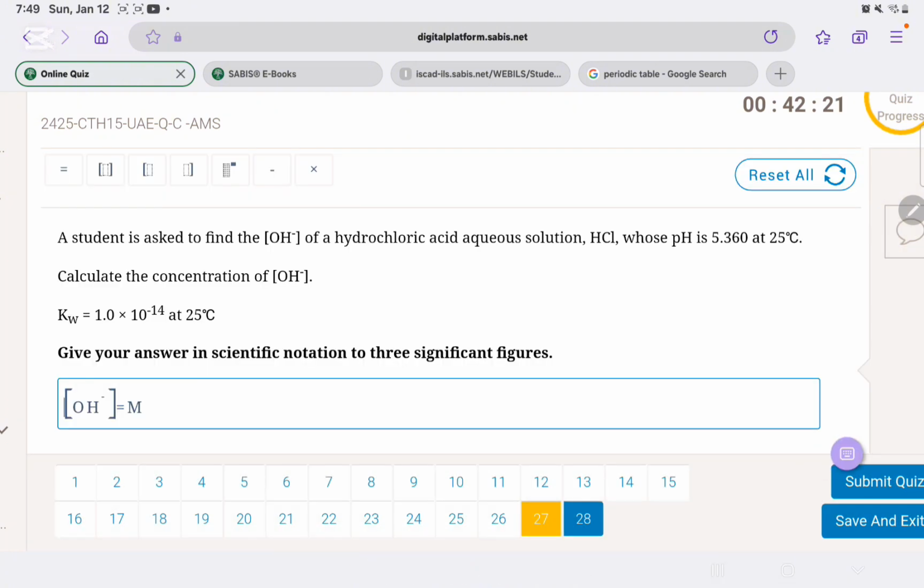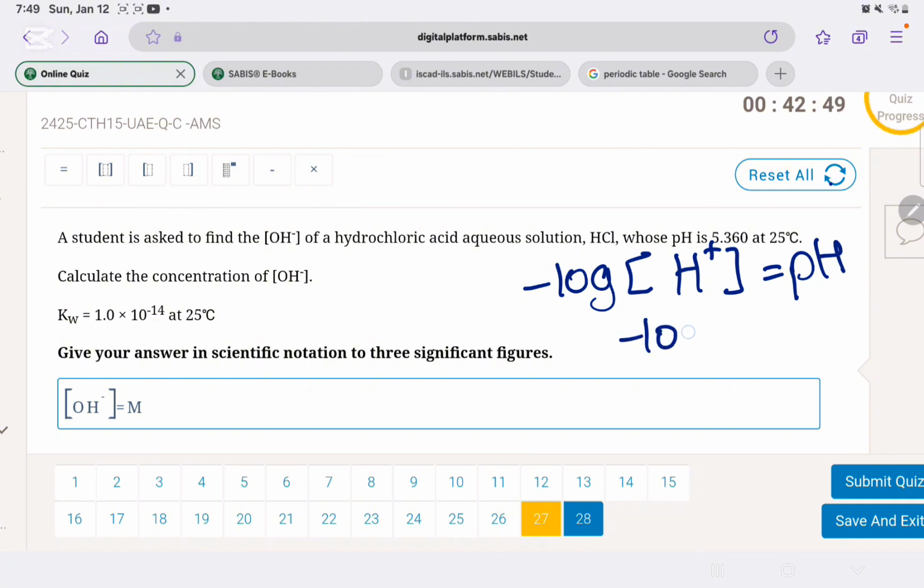A student is asked to find the OH of hydrochloric acid whose pH is 5.36 at 25 degrees Celsius. Now, if you remember the equation, it was negative log of the concentration of H plus is equal to the pH. So here, since they give us the pH, it's negative log H plus is equal to 5.36.